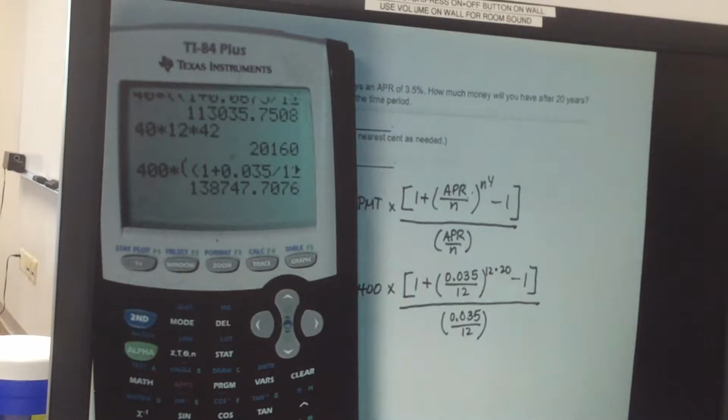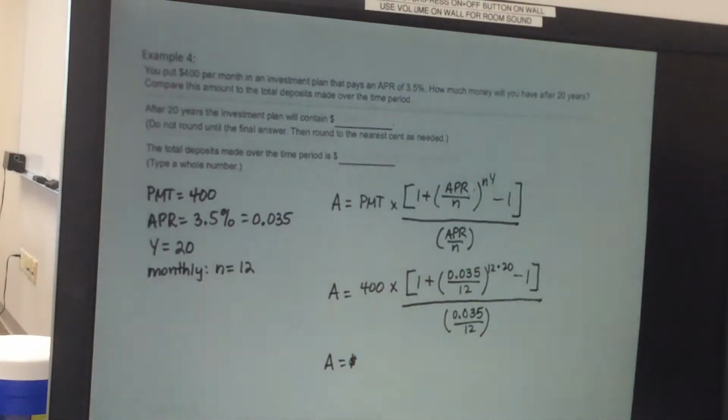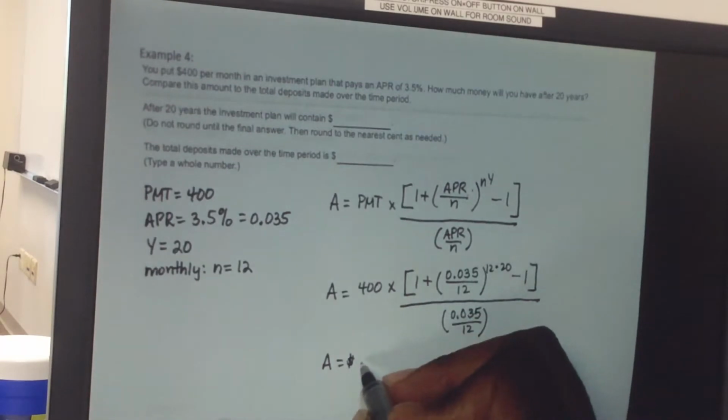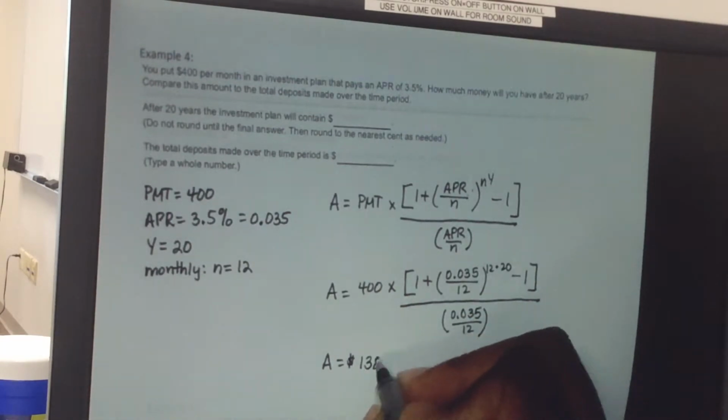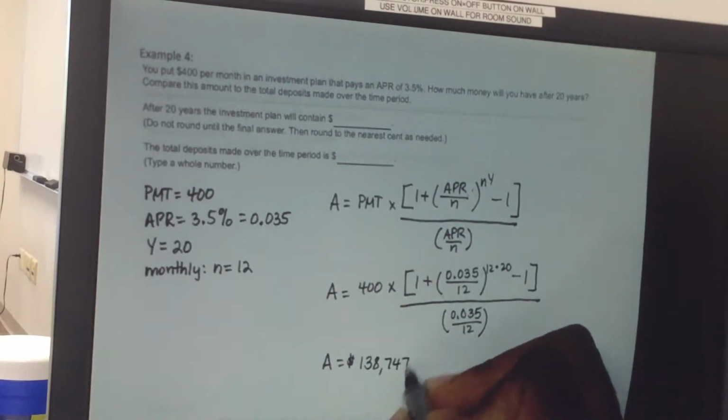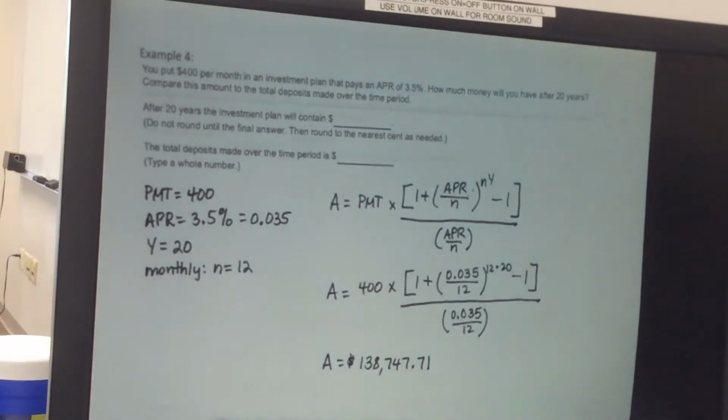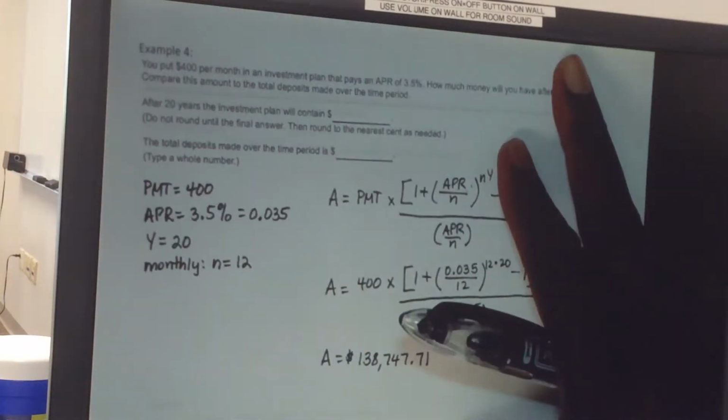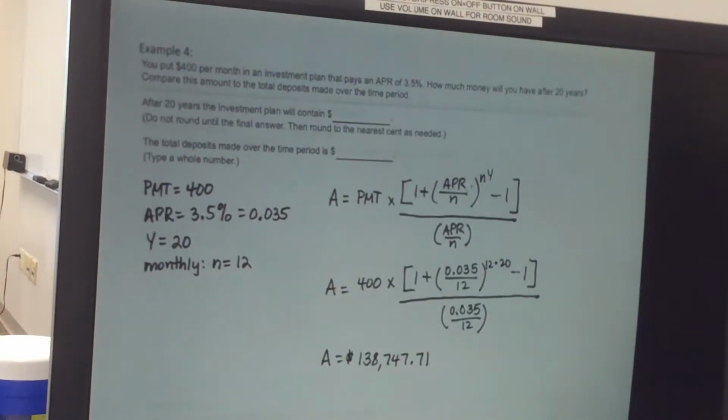So if I was to round that off to the nearest cent, it will be $13,747.71. That represents the amount in that investment plan after 20 years.